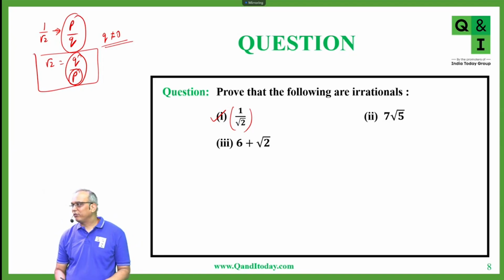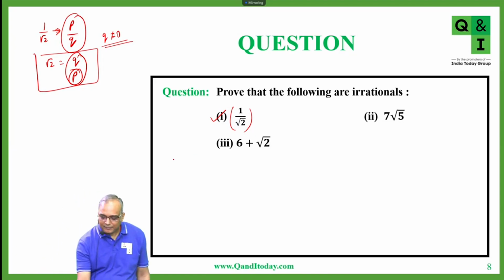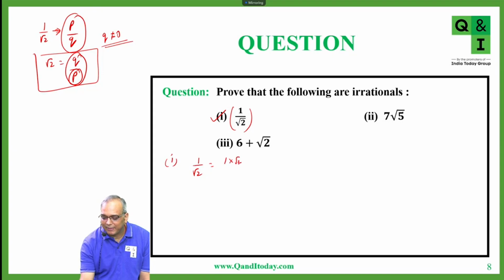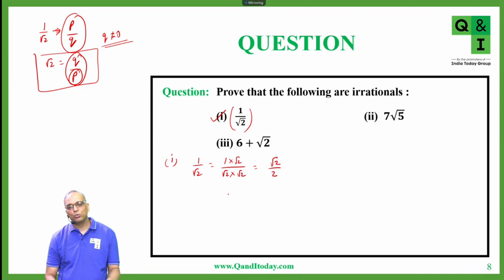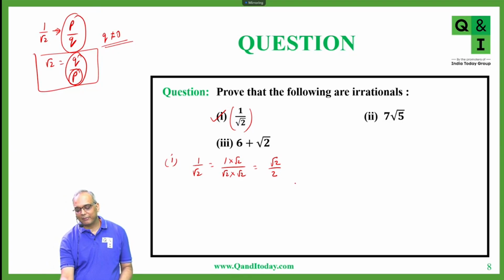So that's why I'll tell you how to approach this question. 1 by root 2 can be written as, I multiply both numerator and denominator by root 2. So this is nothing but root 2 by 2. 1 by root 2 is the same as root 2 by 2. Once you cancel this, you will get 1 by root 2.